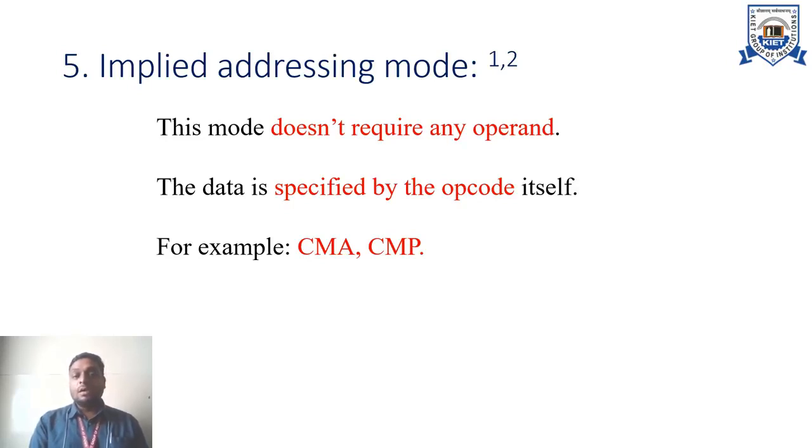CMA means complement accumulator. Here the operand is already specified, that the accumulator is the operand. CMP compares the contents of the accumulator. So implied addressing mode means we don't require any operand; the operand or the data is specified by the opcode itself.